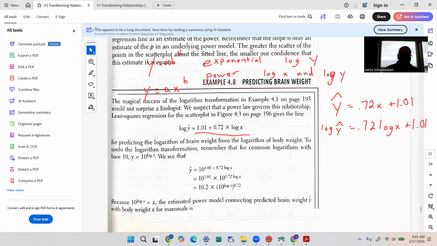So I do 10 to the power of both sides, giving me y hat.